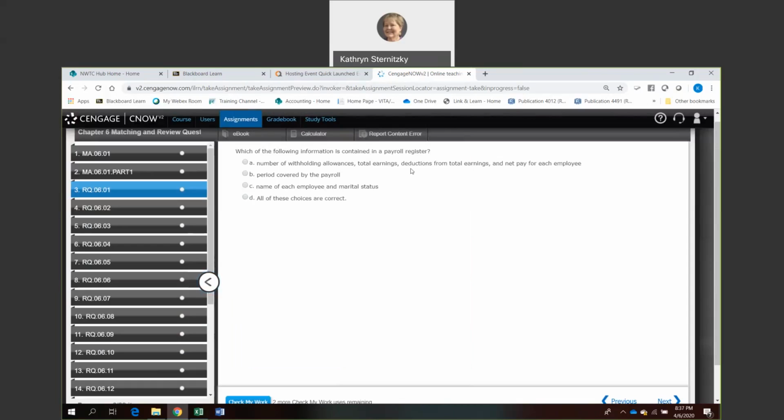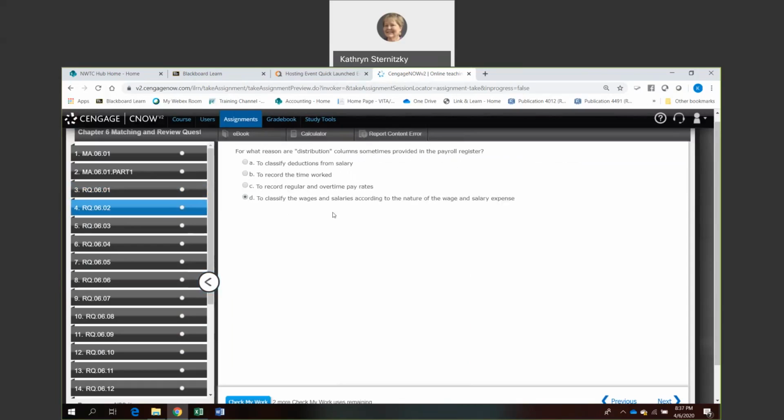Which of the following information is contained in a payroll register? All of the above. So it shows you the number of withholding allowances, total earnings, deductions from total earnings, and net pay for each employee, period covered by the payroll, the name of each employee, and the marital status. For what reason are distribution columns sometimes provided in a payroll register?